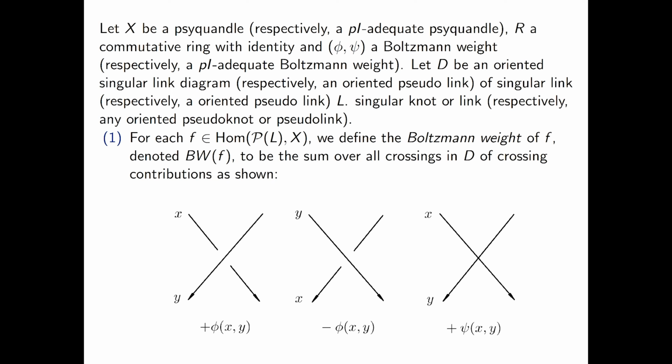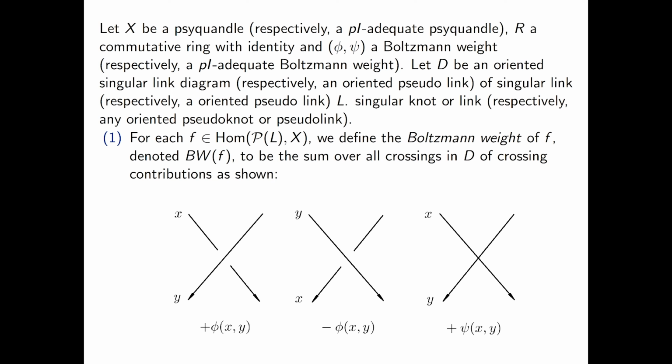Next, we're going to have R be a commutative ring with identity, and we're going to have our pair of weights, so our Boltzmann weights, phi and psi. And of course, if we're considering a P1 adequate Psyquandle, then we need the Boltzmann weights to also be P1 adequate.